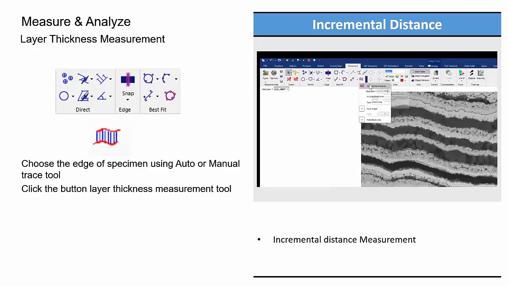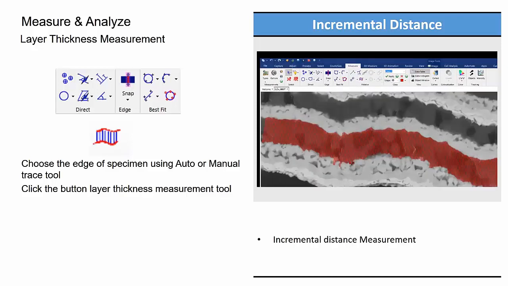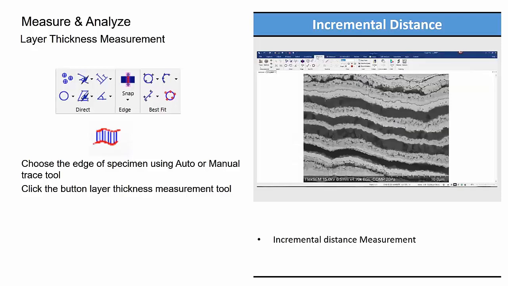It'll automatically generate mean, max, min, and standard deviation, so I can choose how I'm sampling it across. Again, I can do multiple layers, but it's a very nice and efficient way of doing coating or layer thickness using the basic tools built right into Image Pro.